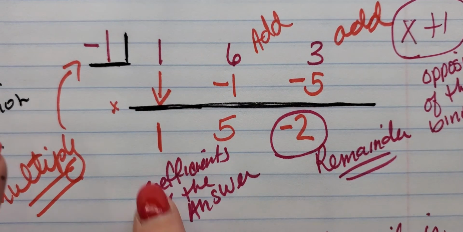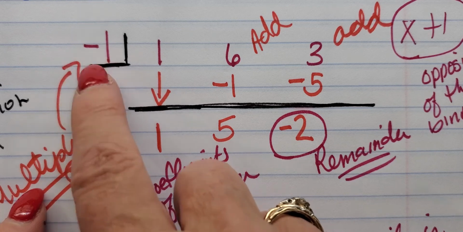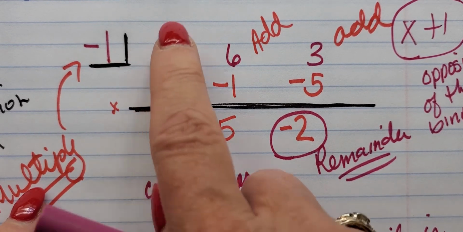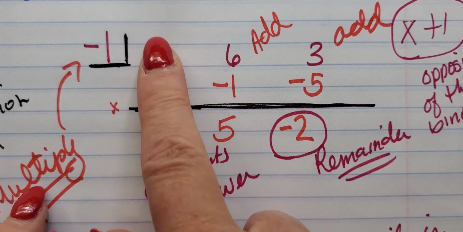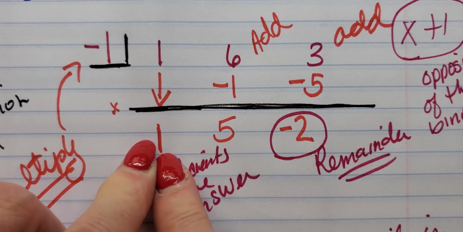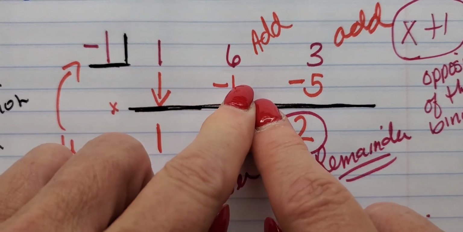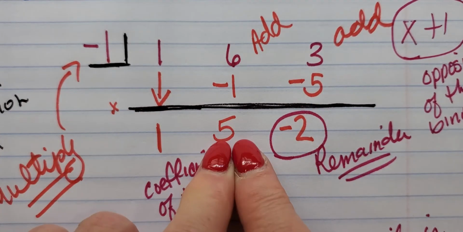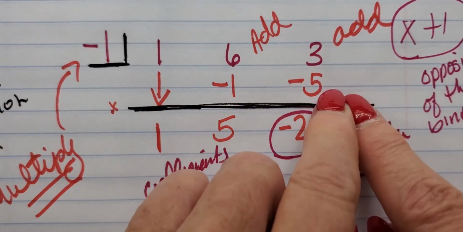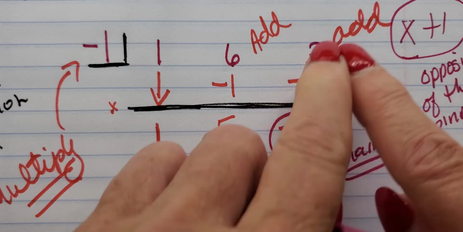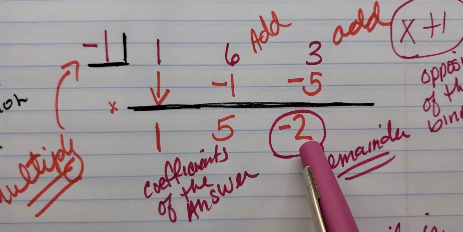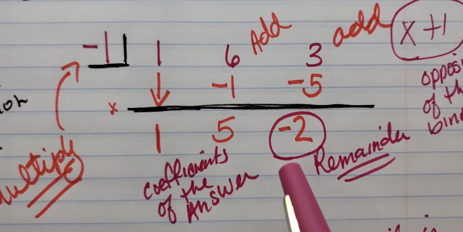Then every single time we're going to go back to that number in the box and multiply it. It starts by bringing the very first number down. And you're going to multiply, put it under the second number, add those up, then multiply again, put that answer under the next number, add them up, and keep going until you get to the end. And when you get to the end, that's your remainder.